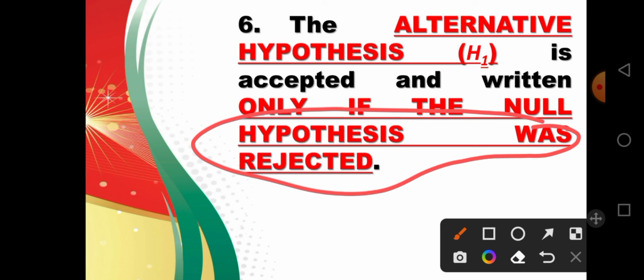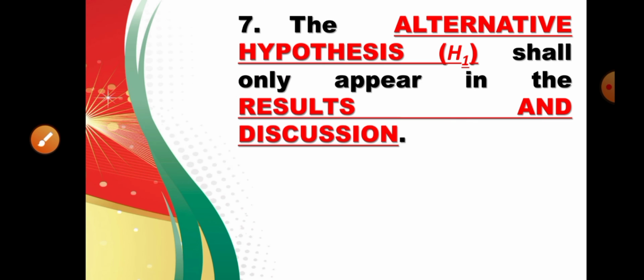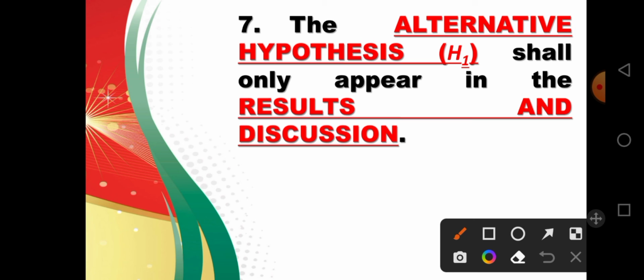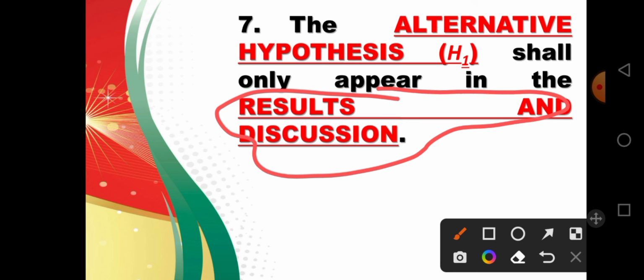So the alternative hypothesis will not appear if the null hypothesis is not rejected. And lastly, the alternative hypothesis shall only appear in the results and discussion part of your paper.